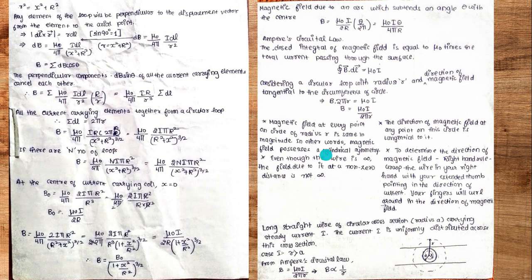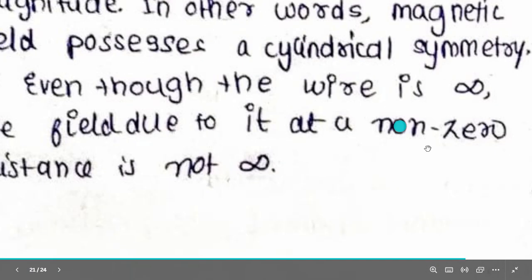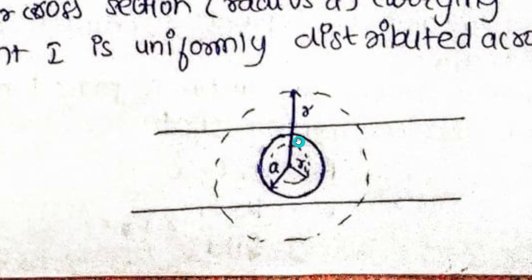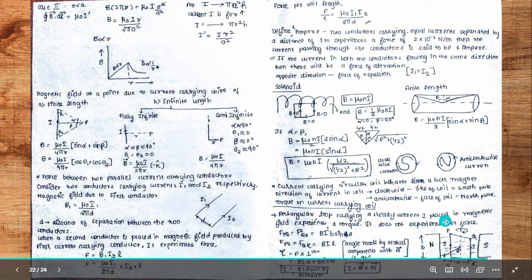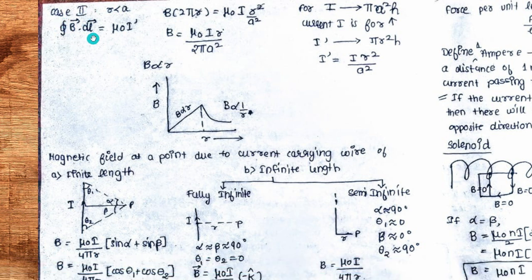Have a look at the diagram again. When my r is inside that small circle, that is, small r is lesser than the distance a, then I have the case of closed integral B dot dl equal to mu naught times I dash.